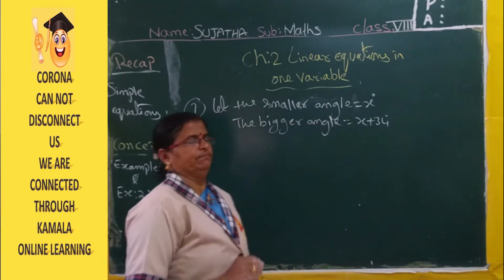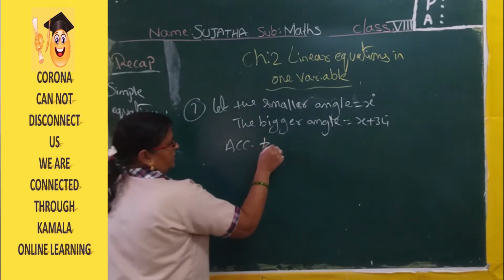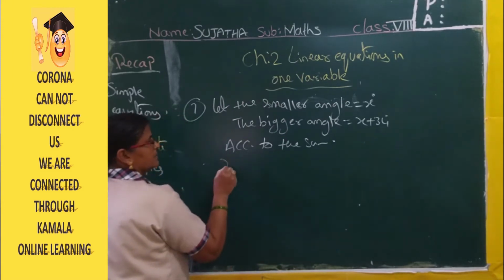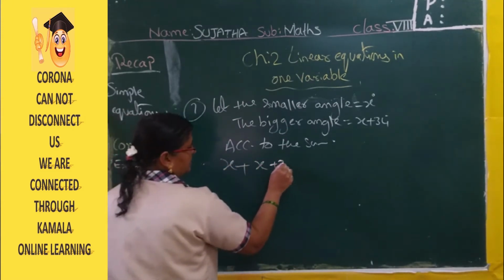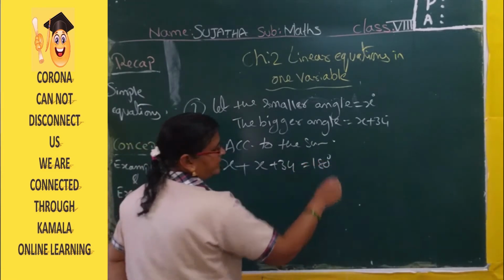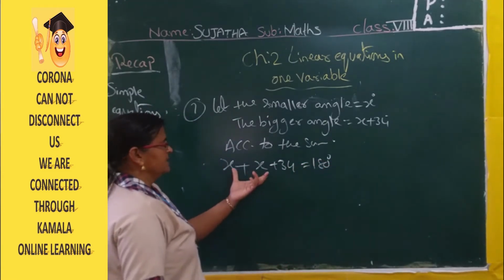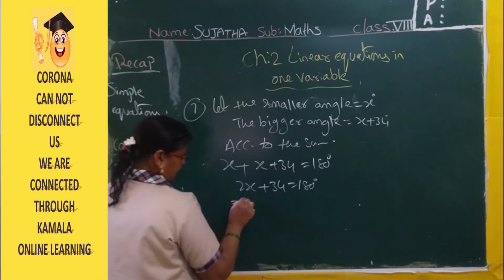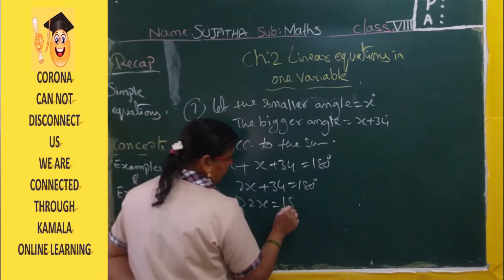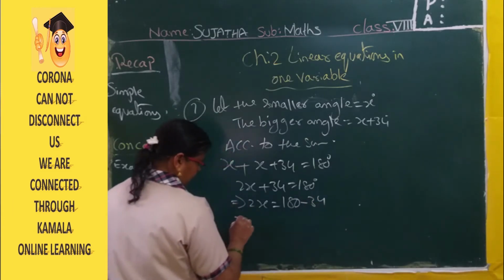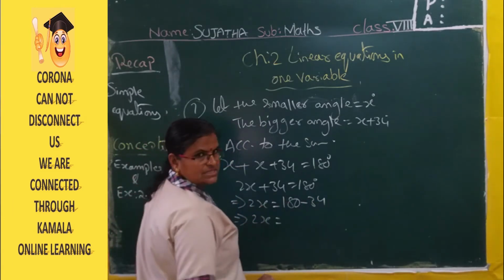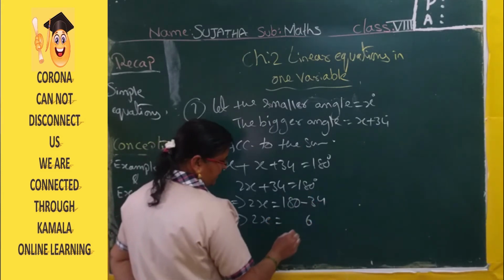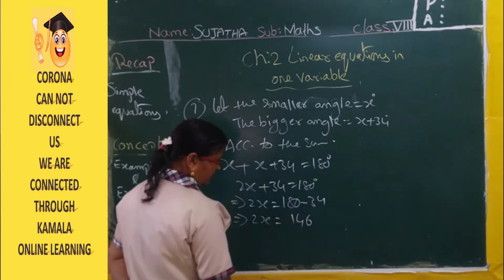Now, according to the sum, supplementary is given in the question only. So the smaller angle plus the bigger angle will be equal to 180 degrees. Now, x plus x, 2x plus 34 is equal to 180 degrees. So it implies 2x is equal to 180 minus 34. 10 minus 4, 6. 7 minus 3, 4. 1. 146.